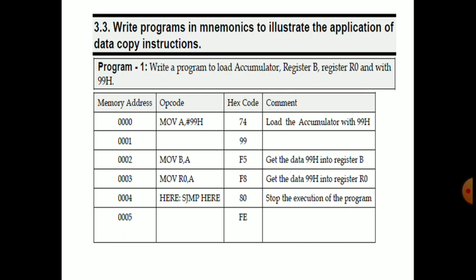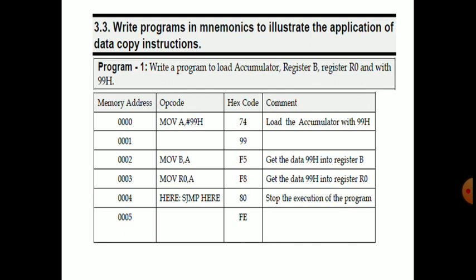To the left side of this table we have first the memory address, where this opcode will be stored. Let us assume the memory address in this particular 8051 starts from 0000. Actually, in practical lab sessions, the starting address of the program may be 6000H or 6050H, 7000H is also possible.